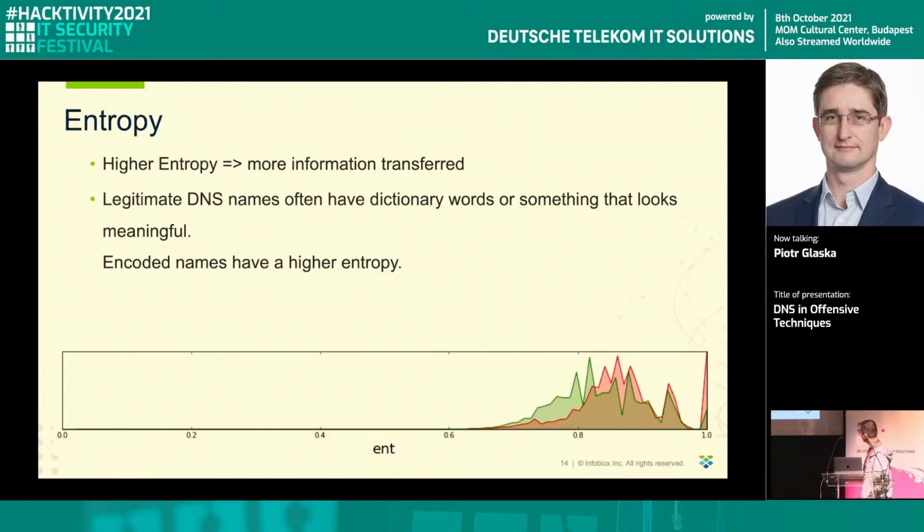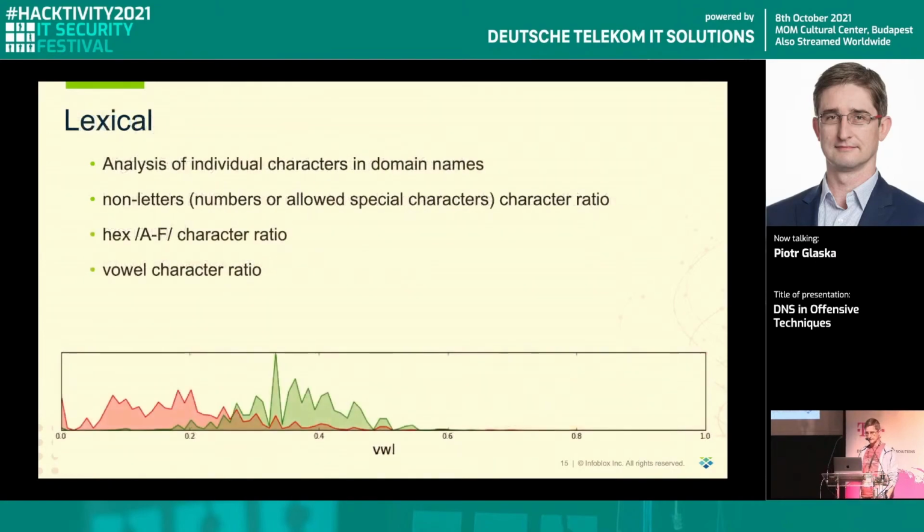The entropy is also, as you see, not perfect. It's worse than n-gram distribution, but you can have a limit here, and then you get nice results. Also, there will be false positives if you use just entropy, so you need to use more things, but it's also good to calculate it.